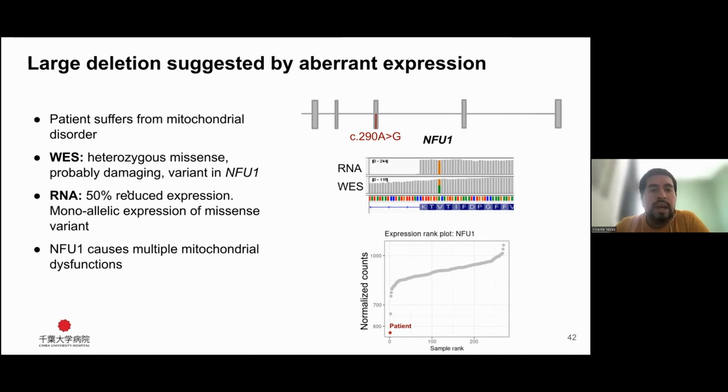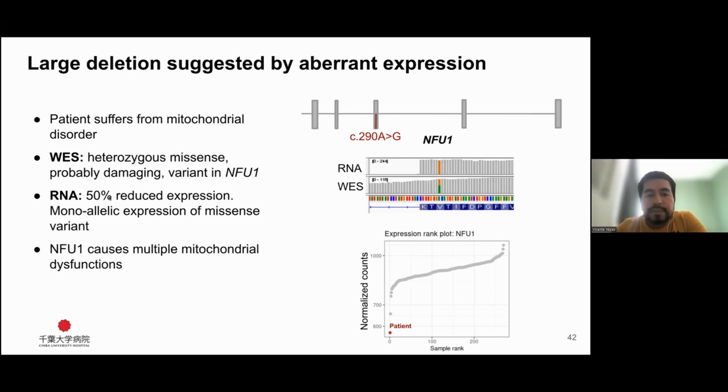Whole exome sequencing revealed a heterozygous missense, probably damaging variant in NFU1, which is a well-characterized mitochondrial disease gene. Here is the missense variant that was found by whole exome sequencing. Now this gene is recessive, so that means we need variants in both alleles. So this, even though it's very promising, is not enough to diagnose.